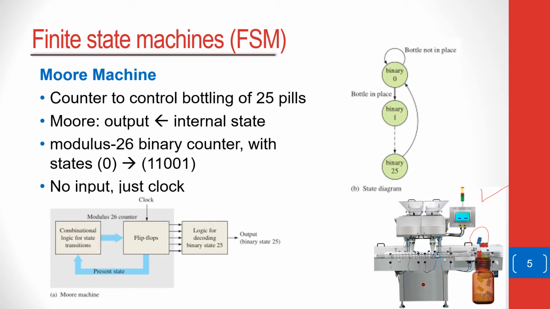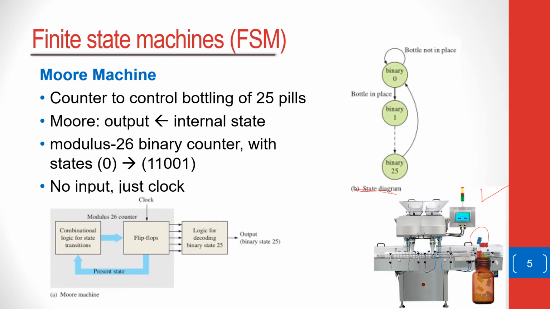It will use a Moore machine, because in this case the internal state is the only thing that determines what the output is. So we take the example of a modulus 26 counter, which counts from 0 to 11001, and the way it works is according to this state diagram.